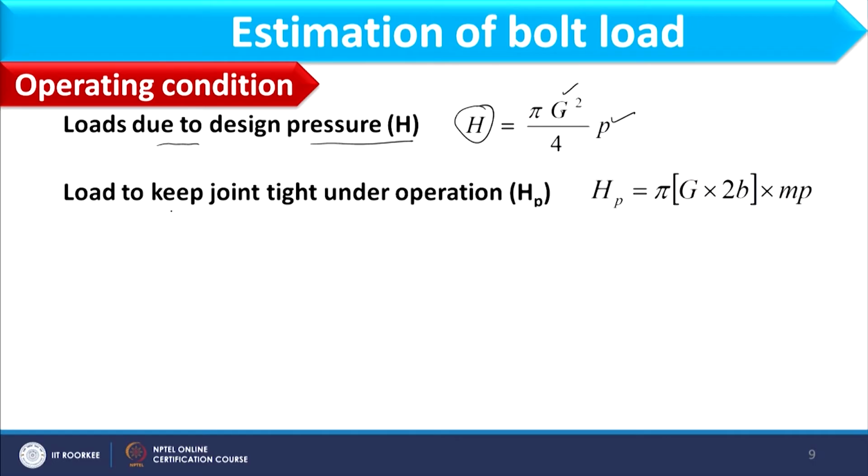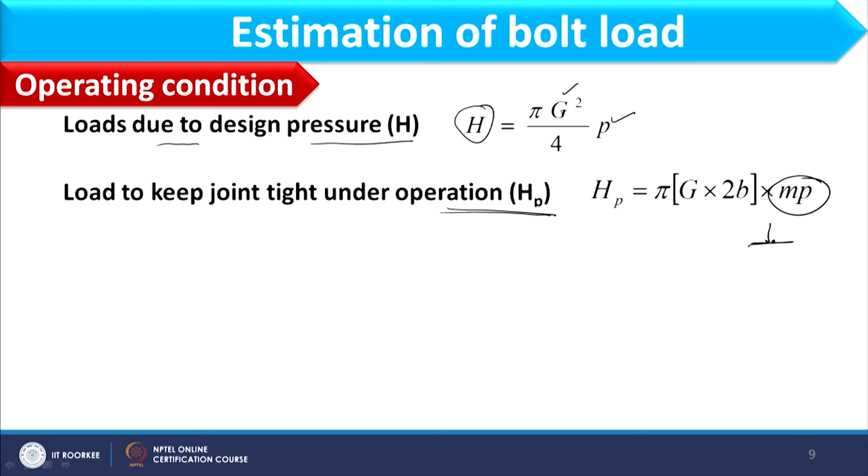Second, we have to find out the load to keep the joint tight under operating condition. Here we will discuss gasket stress. This HP can be found as pi G into 2B into MP. What is this MP? This is nothing but the gasket stress under operating condition. Now, pi G is the periphery, and 2B is basically the total width of the gasket.